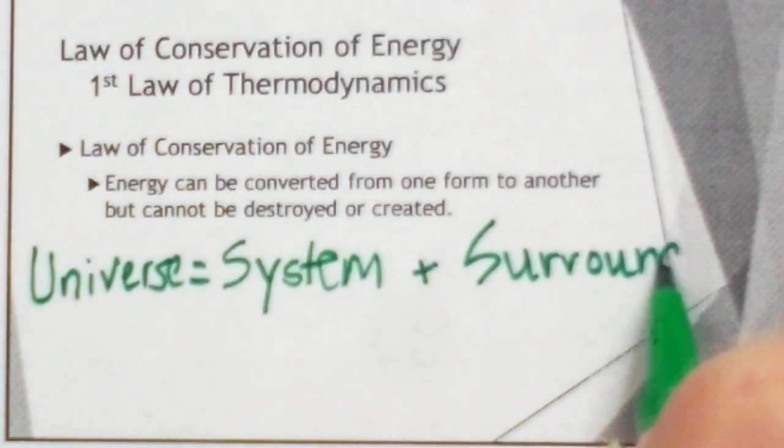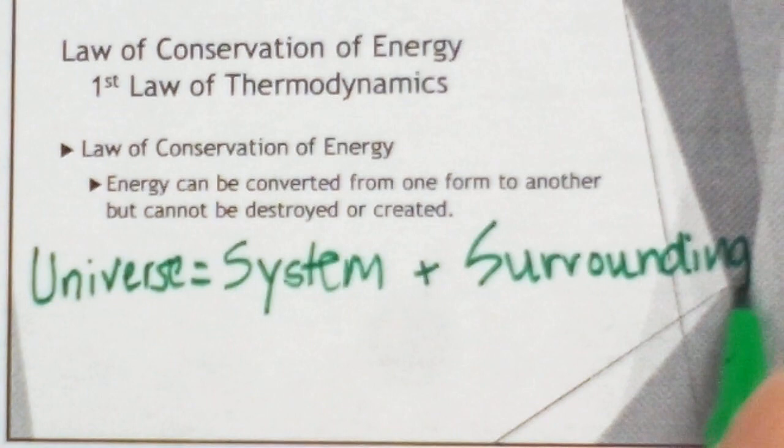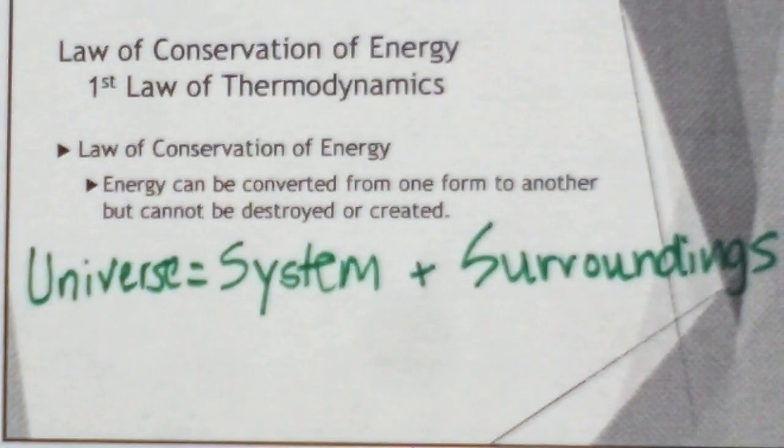And the surroundings are considered to be everything in the universe, including Saturn and Neptune, everything in the universe except what? Me. Except me. Because I am the system.